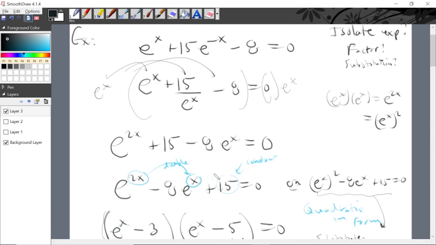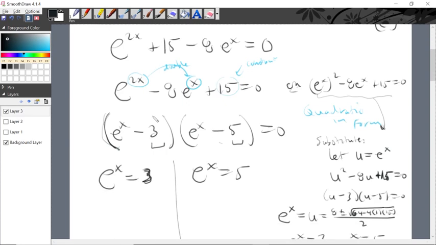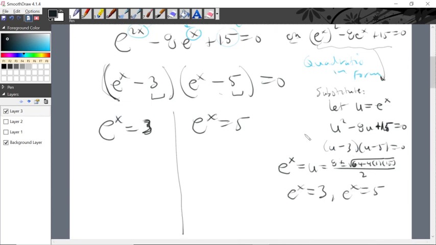That's standard form quadratic in form. We could factor from there, we could choose a substitution, like u equals e to the x would have worked. We could use the quadratic formula if we wanted to, where we could set e to the x equal to the expression from the quadratic formula. In any case, we end up with two basic exponential equations.